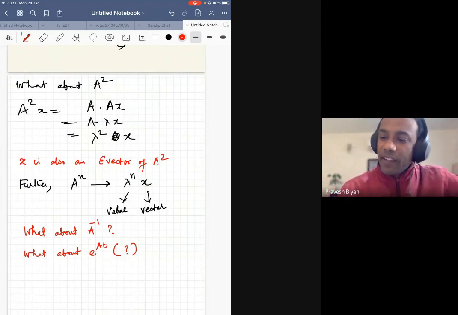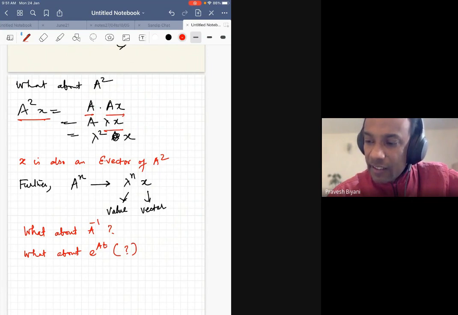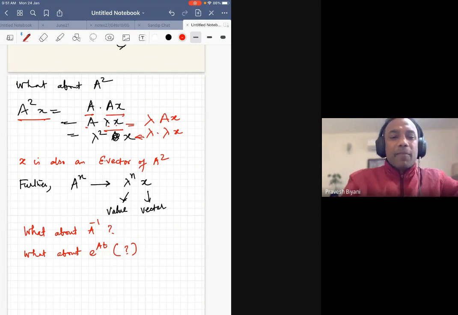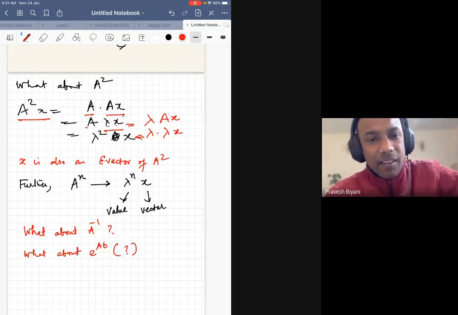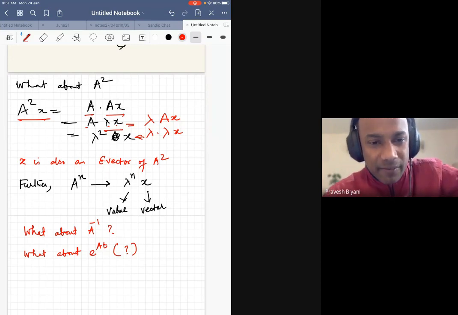So you see, A square into X is basically A into AX, and AX is lambda X. Therefore, A into lambda X is basically lambda times AX, which is lambda times X. Therefore, it leads to lambda square X, which means that this X is also an eigenvector of A square, right?